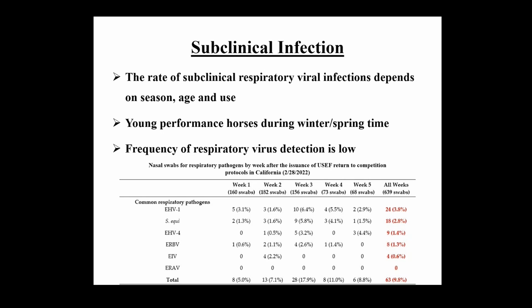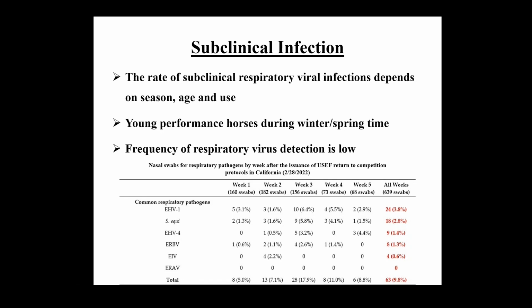So you see 5 weeks, which is 35 days. And what you can see is, first of all, an increase in the frequency of detection of EHV1, and then a decline. And it's not uncommon because we're still at the tail end of an outbreak. So there's still dynamic and transmission occurring amongst these horses.